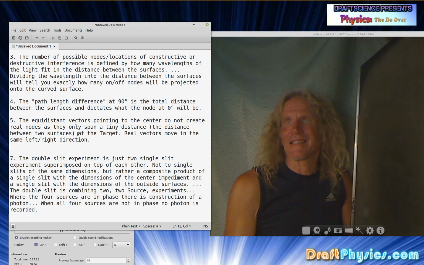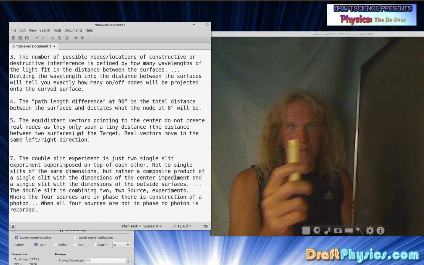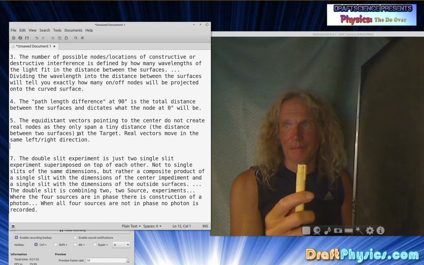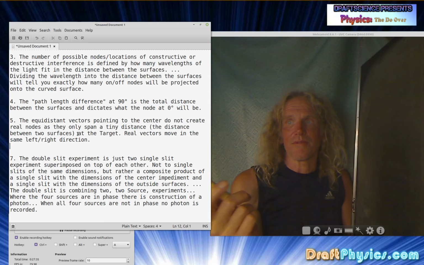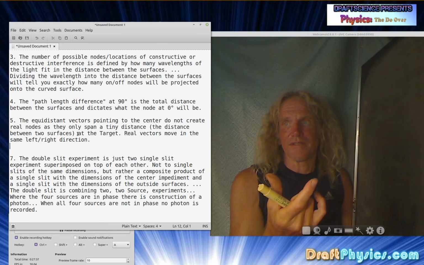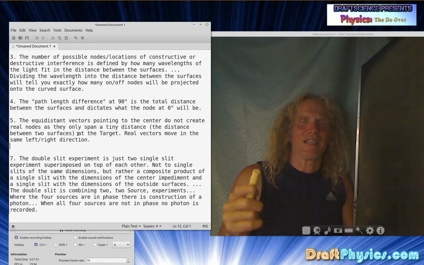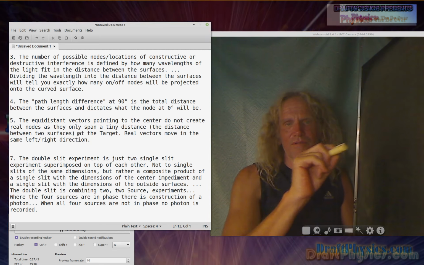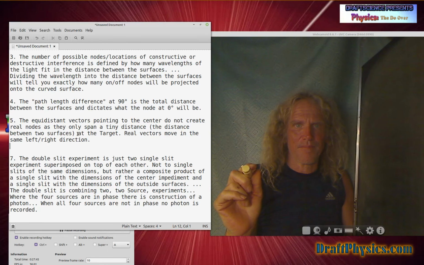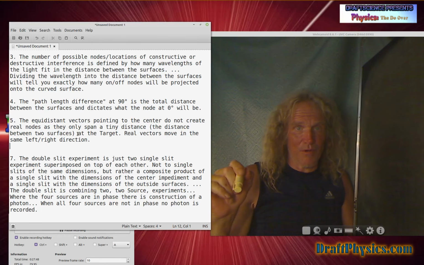So not a single slit of the same dimensions, but rather a composite product of a single slit with the dimensions of the center, the impediment, and a single slit with the dimensions of the outside surfaces. So no matter how many slits you have, you're really just saying what are the two surfaces that are the furthest away, and you take that and make that one experiment.